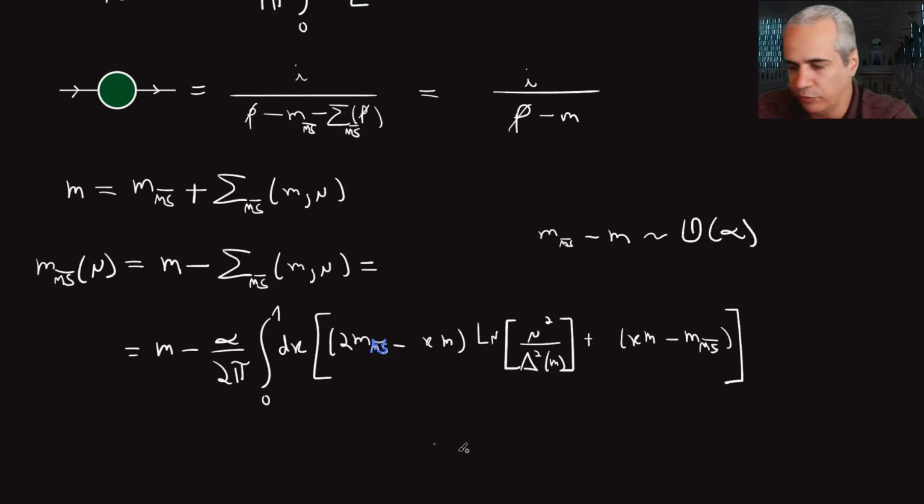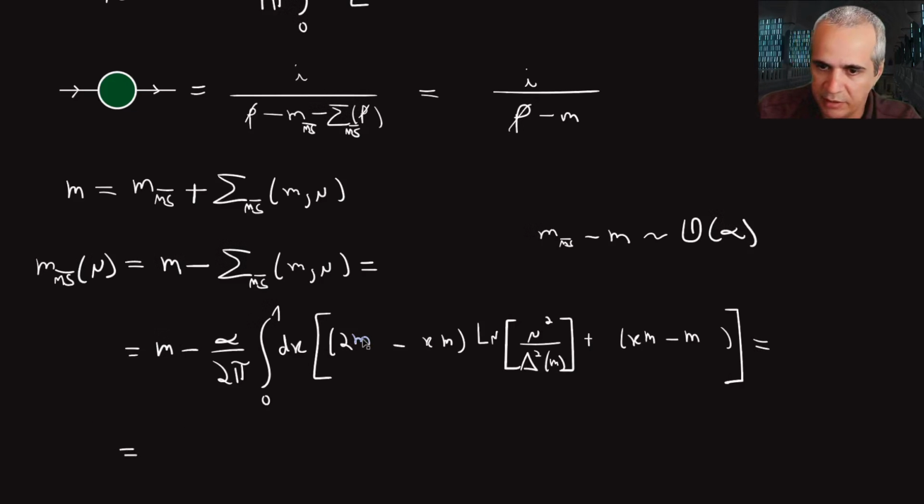So I can replace ms bar here with m. Same in here, which I had, right? And of course, then this simplifies a lot, right? And I can write this, right?